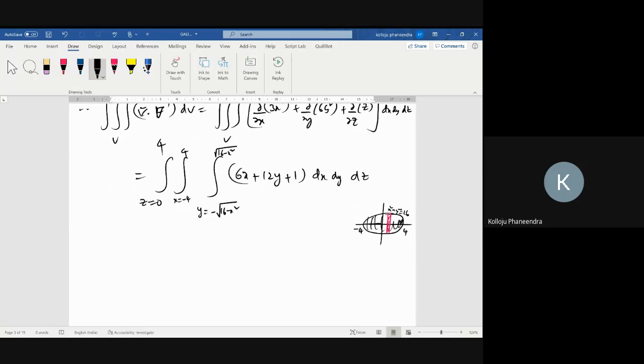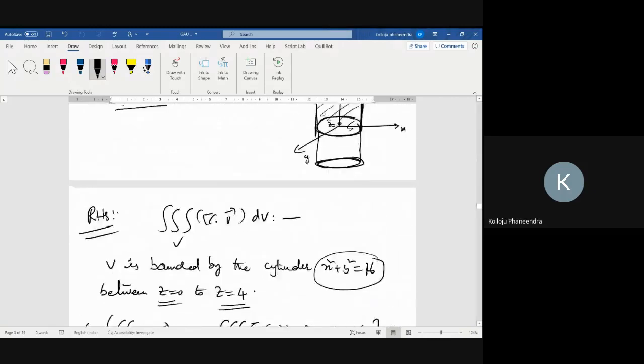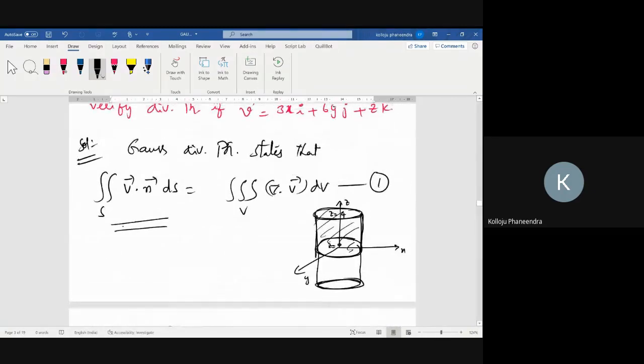That's it. So if, for example, the question is to evaluate the double integral over S of v bar dot n bar dS, then convert this to a triple integral.